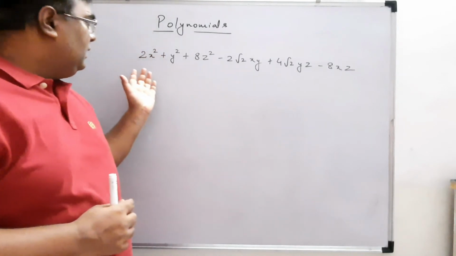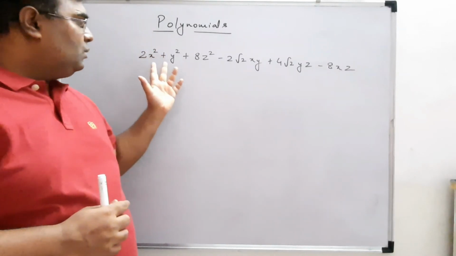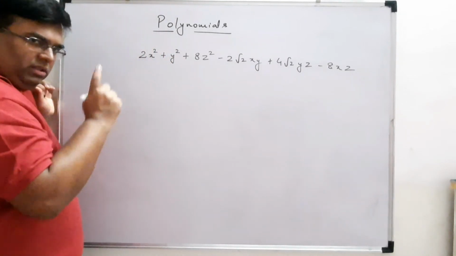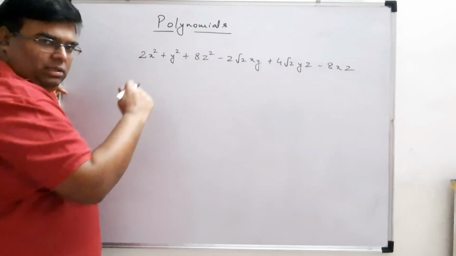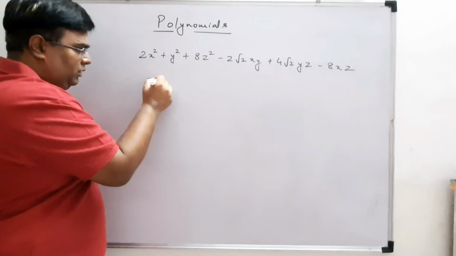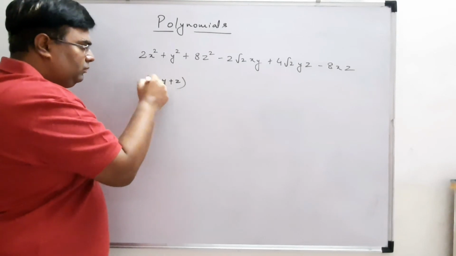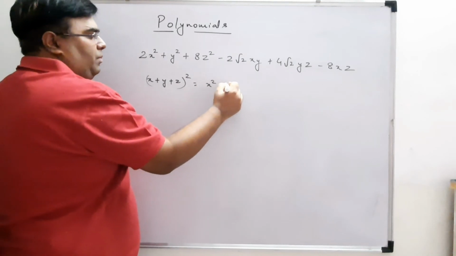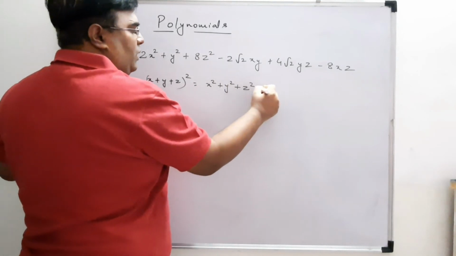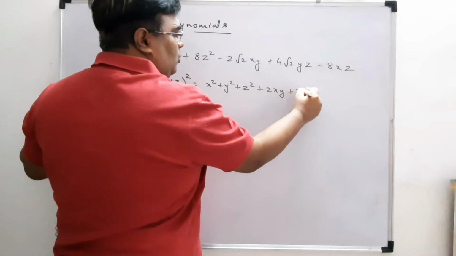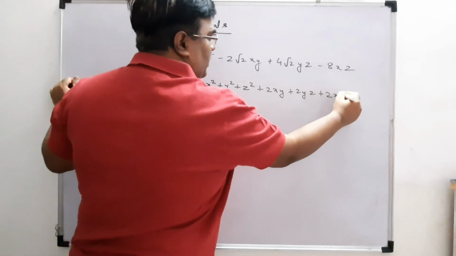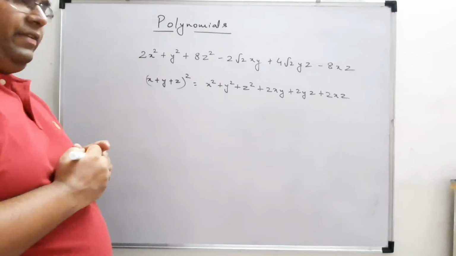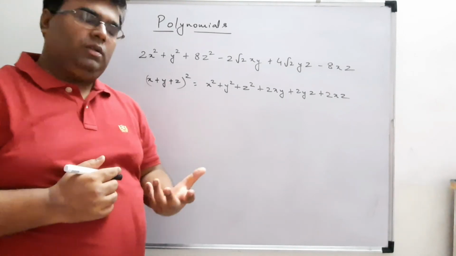We know that there are three variables x, y and z, and we know one formula with three variables and square terms. So one formula we know is x square plus y square plus z square plus 2xy plus 2yz plus 2xz. Let us find out whether it fits into this formula or not.